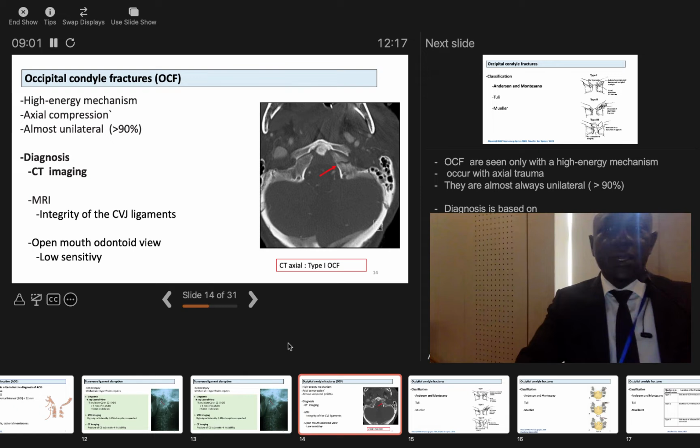The diagnosis is based on CT imaging with reconstruction views to establish the occipital condyle fracture. MRI is recommended to assess the integrity of the craniocervical ligaments for determining the stability of occipital condyle fracture. Usually, open mouth radiographs have low sensitivity.